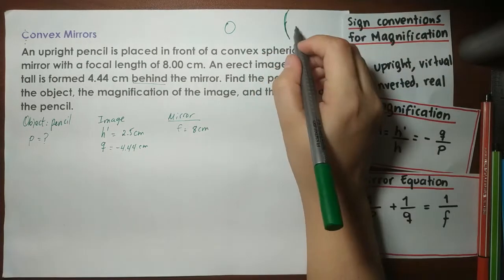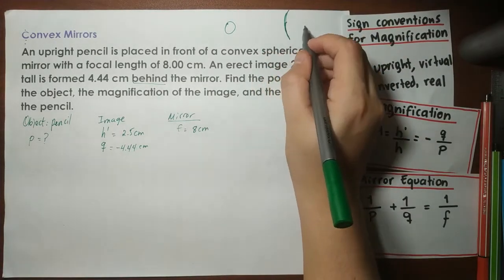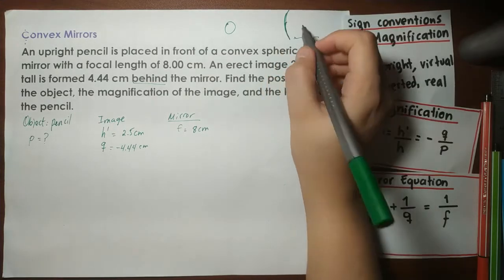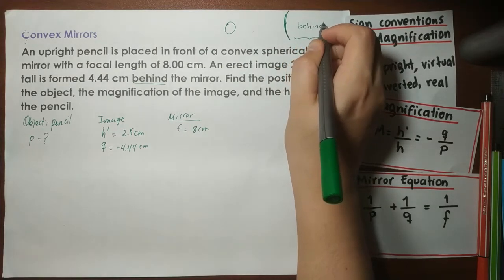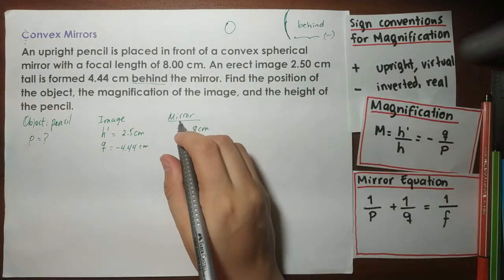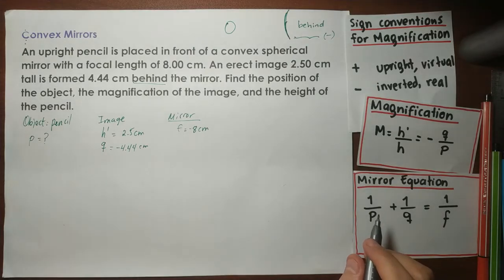So my focal length is going to be here, internally to the mirror. As it is behind the mirror, it's going to be negative. So my focal length for this mirror will be negative 8 centimeters because it is behind the mirror.